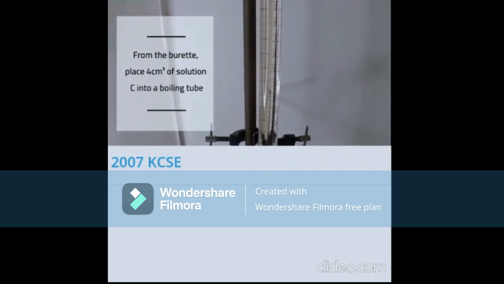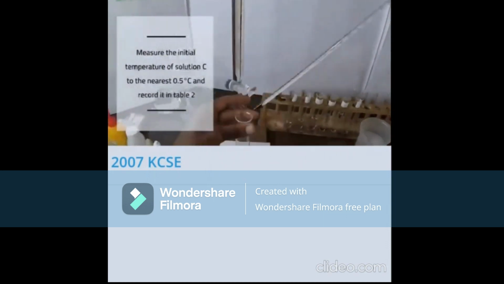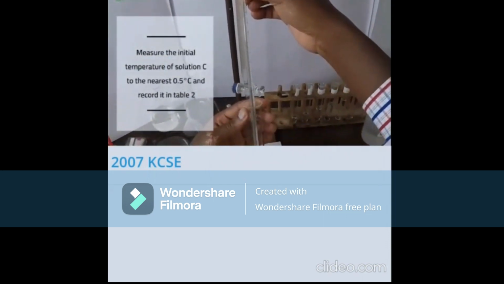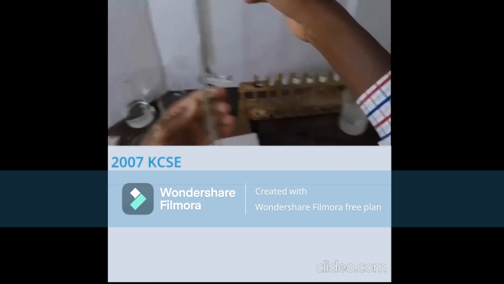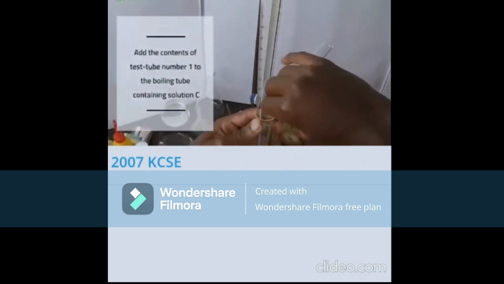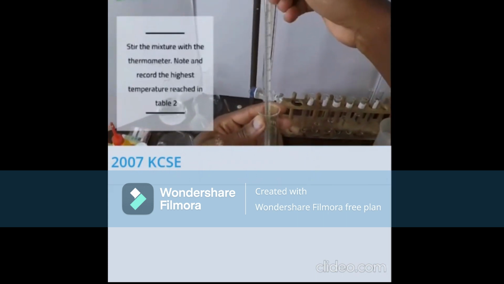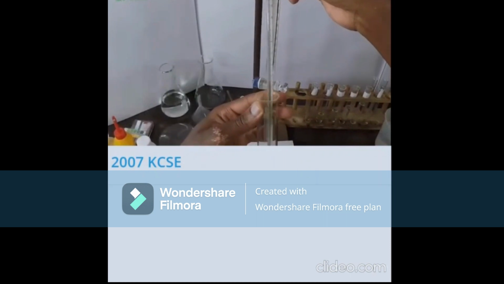Now you should measure, before mixing, the initial temperature. Then you mix them and stir until you arrive at the highest temperature reached. That is for solutions A and C in test tube 1.